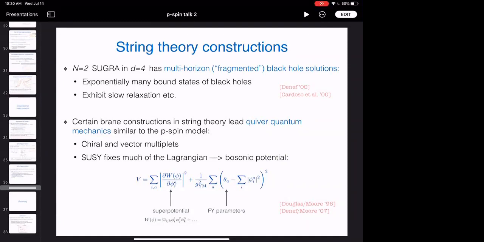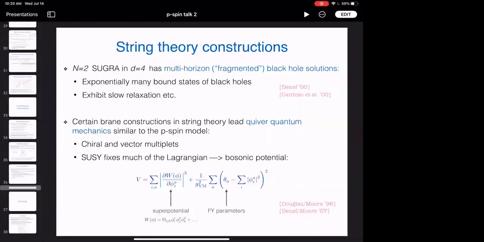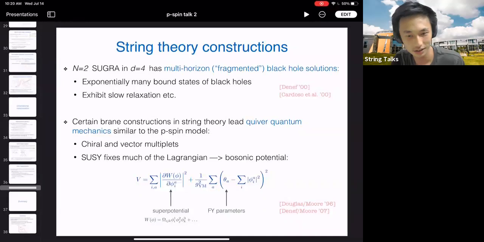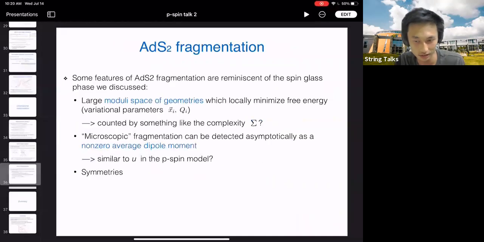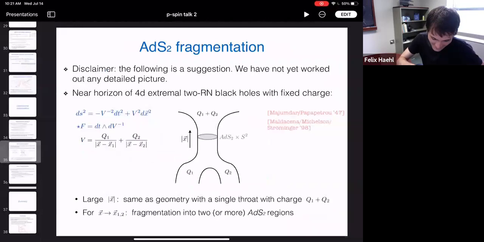I have a naive question: if you have a fragmentation kind of thing, what do you expect? It's a great question. I don't know. I guess that's really the question I'm putting out there: how does this work in detail?